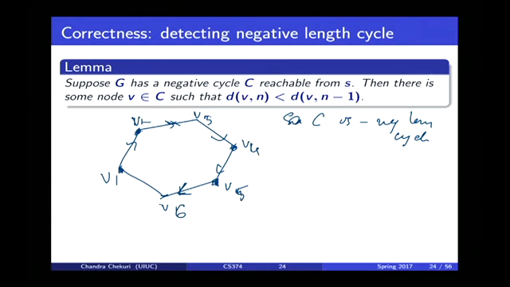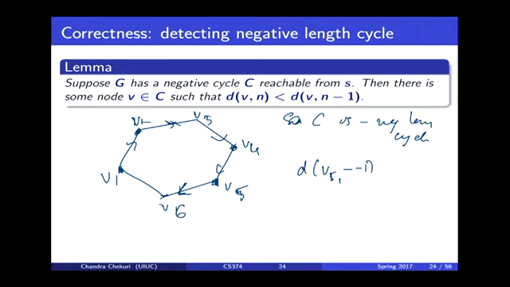Let's look at this edge. What I'm trying to prove is that if there is a negative length cycle, then somebody's distance in the last iteration has to go down.